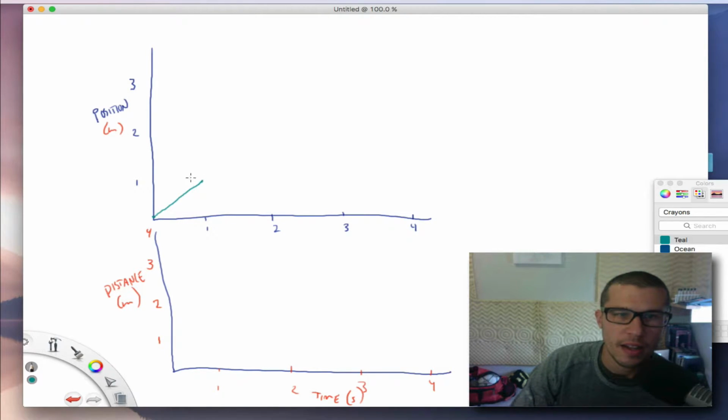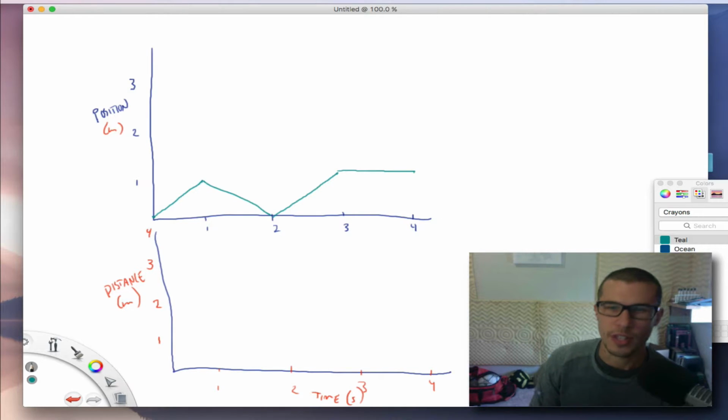And then let's say that position-wise, it goes back to 0. Then let's say we go to 1 meter again, and then stay at that 1 meter for the 4 seconds.